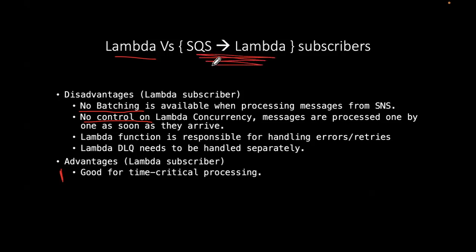Because with this approach, the actual triggering of the Lambda is going to be delayed because of the nature of the polling that's going on. So that's the only case when it's advantageous to have a Lambda as a direct subscriber.